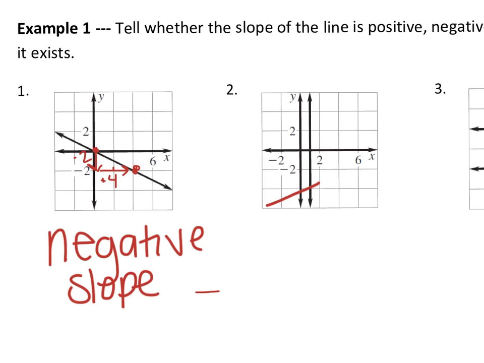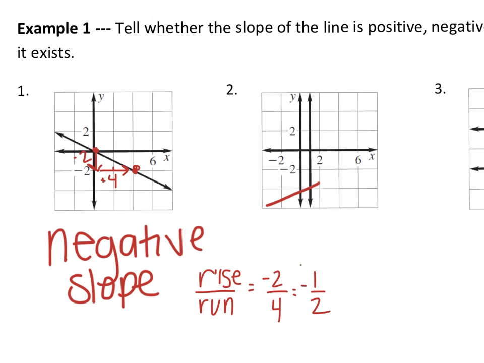So when I write my slope, the top number is my rise, and the bottom number is my run. So my rise is -2, and my run is a +4. And you're going to always make sure you simplify those. So really it's a -1/2.